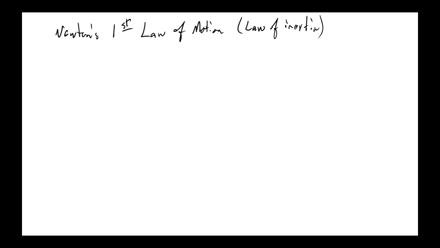So, Newton's first law. Now actually Newton didn't come up with this one. The guy who was ahead of Newton was a guy named Galileo. He was from Italy, Pisa, Italy, by the way, P-I-S-A, where the Leaning Tower is. He was really the first guy to question and say, we've got to do better than this.